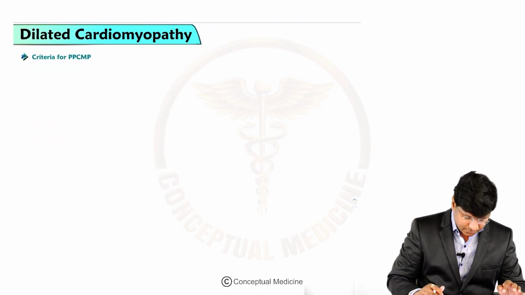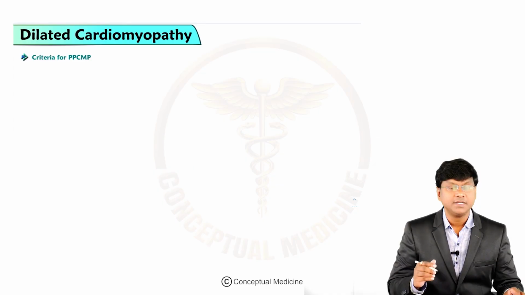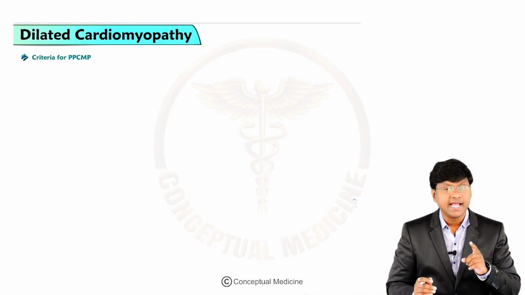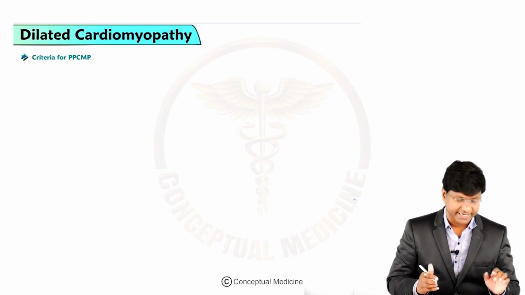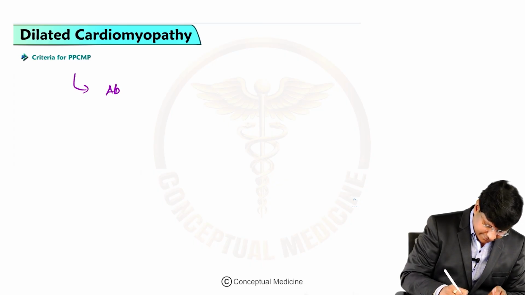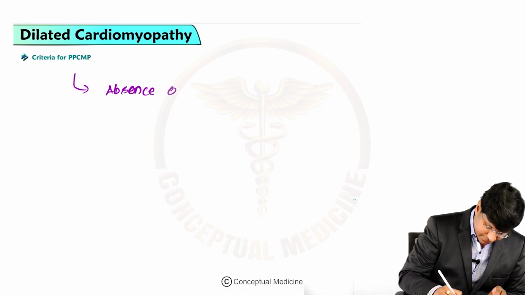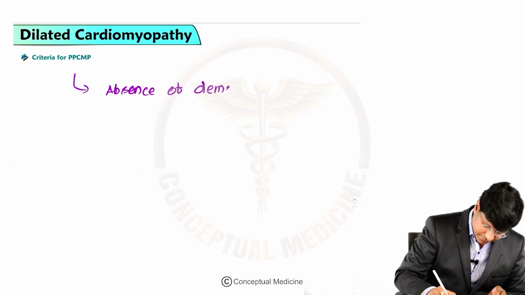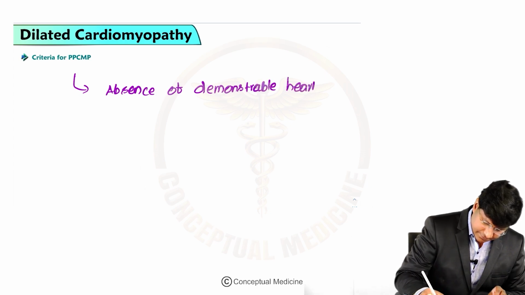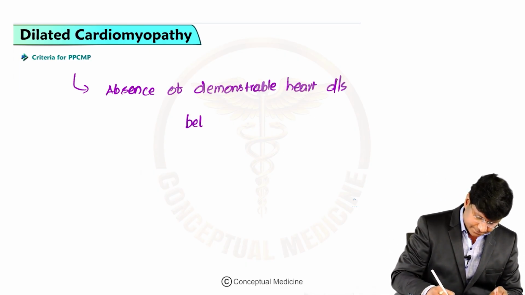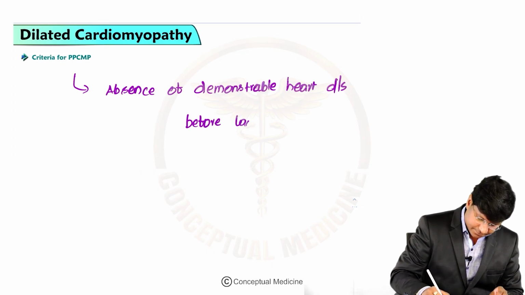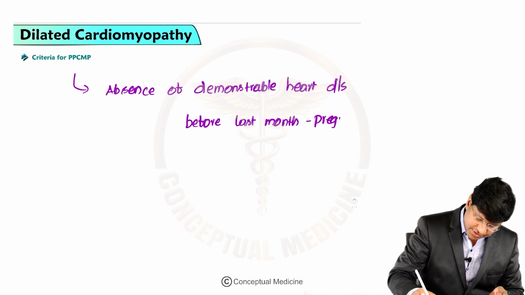Now, finally, what is the criteria for peripartum cardiomyopathy? Criteria for peripartum cardiomyopathy is absence of demonstrable heart disease before the last month of pregnancy. So this is one of the criteria.